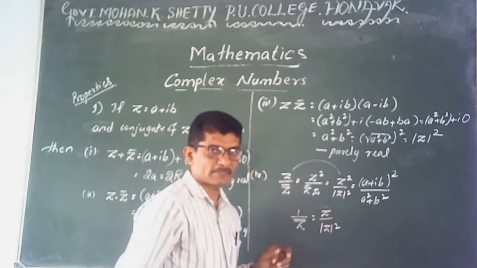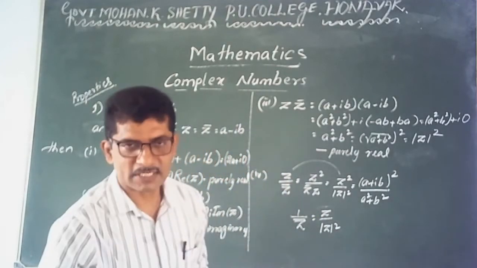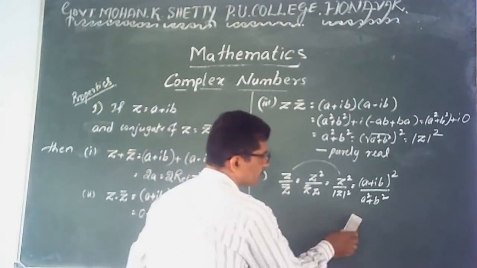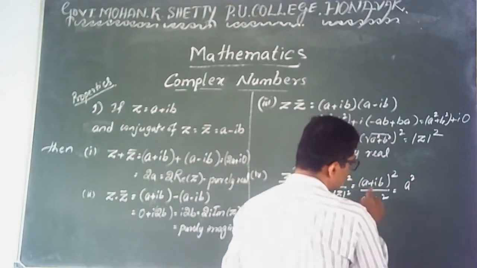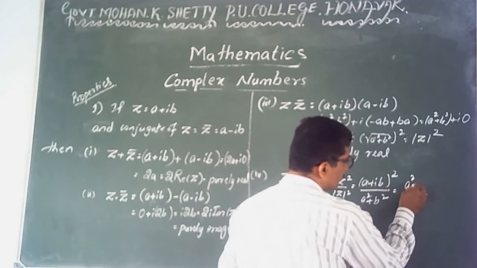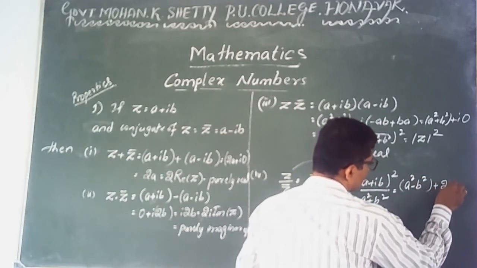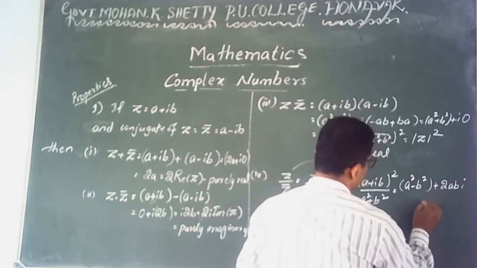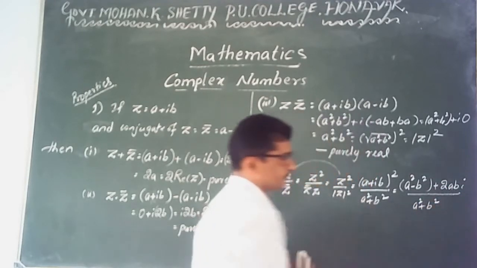That value is 1 divided by z bar whole square. Both are the same. Therefore, expanding this, a square plus i into b whole square means minus b square plus 2 times ab into i, divided by a square plus b square.